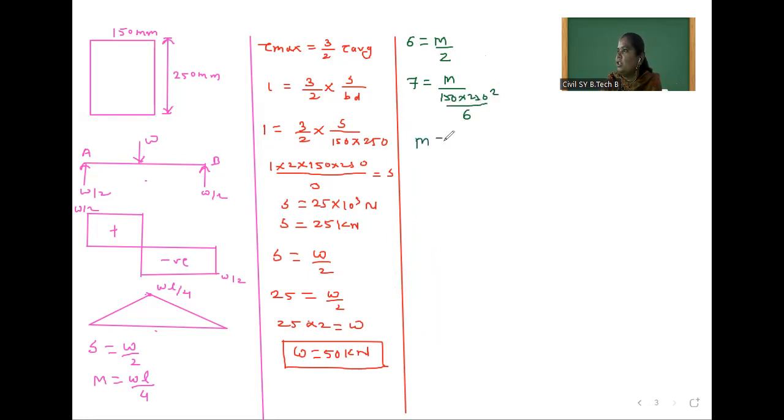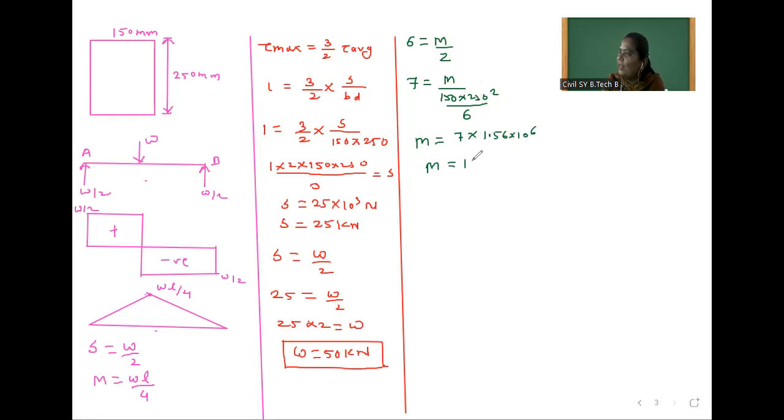So M is equal to 7 into the section modulus we already calculated, 1.56 into 10 raised to 6.